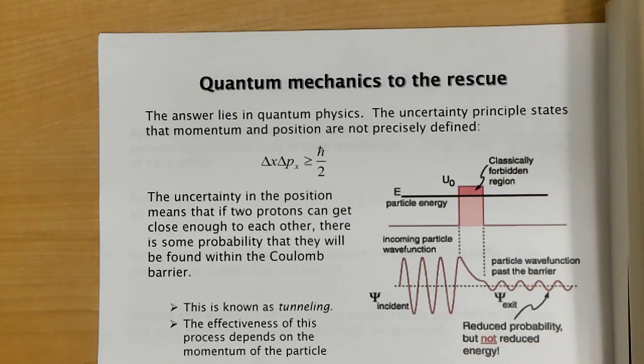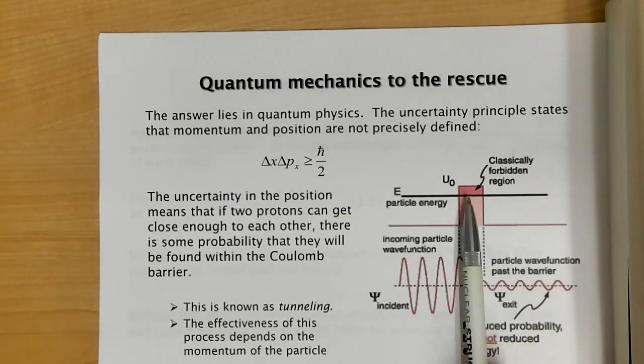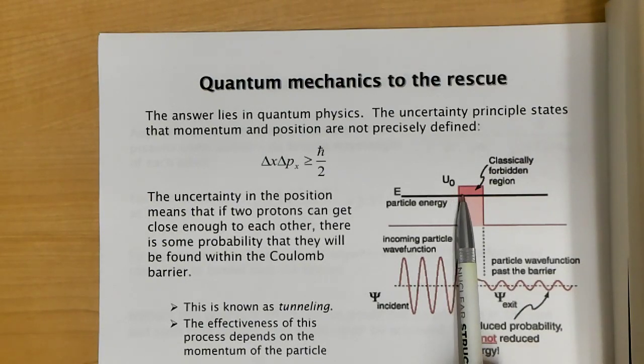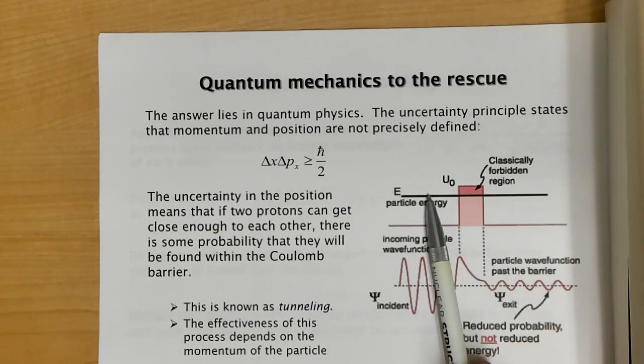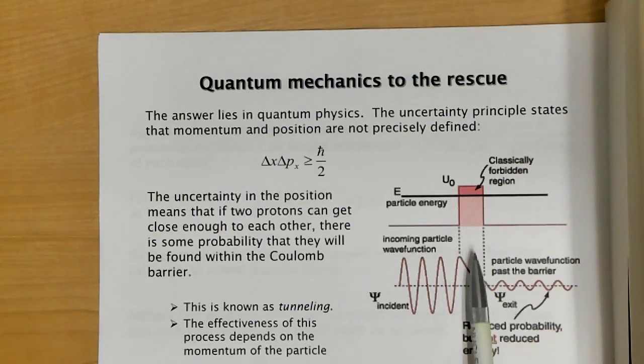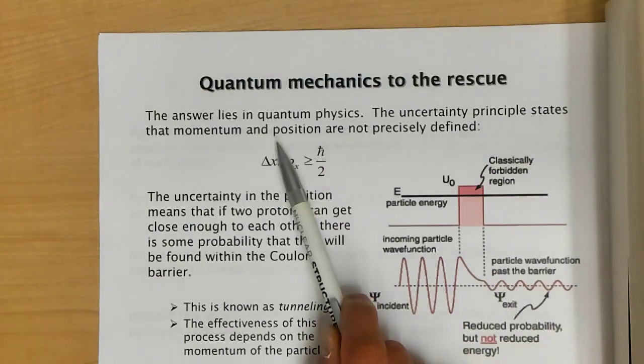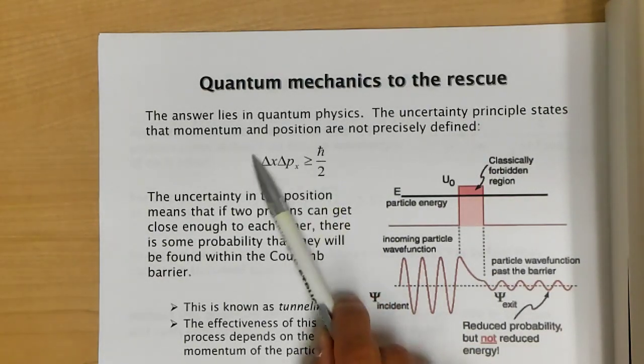In quantum mechanics, even though there's a barrier that the particle classically cannot penetrate because it does not have enough energy, there is a possibility that you tunnel through to the other side, as long as you take advantage of the uncertainty principle.